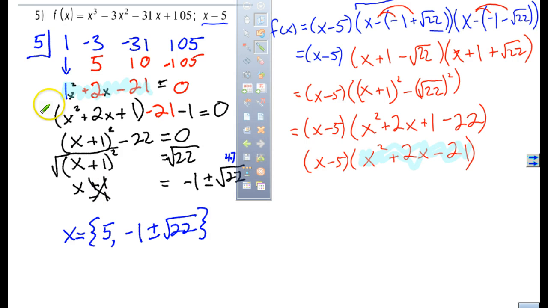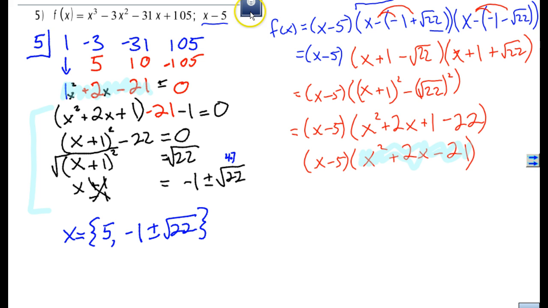I wonder if we could complete the square backwards. That actually might be easier. We'll give that a shot next time.